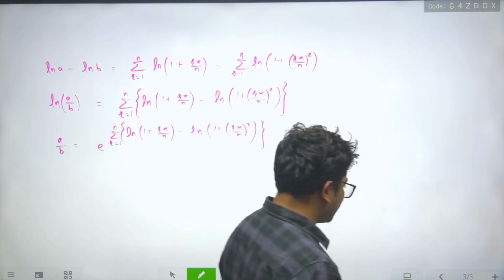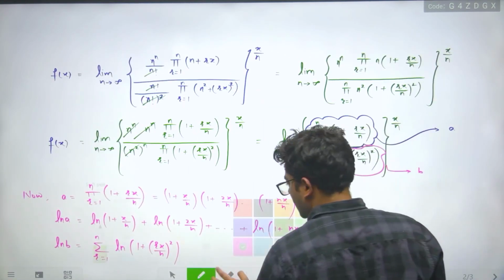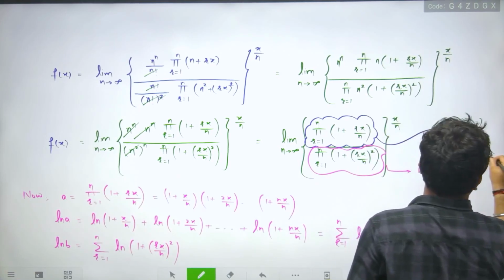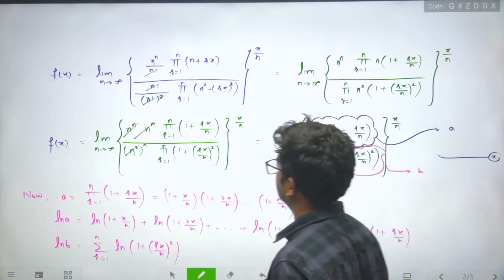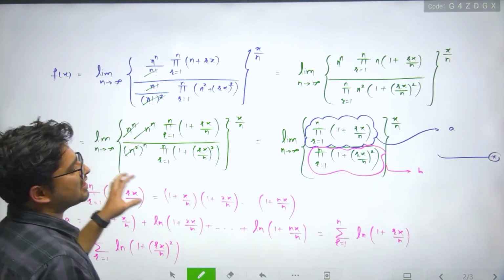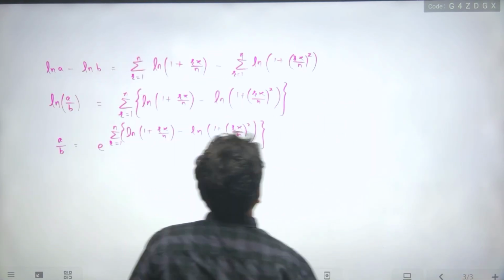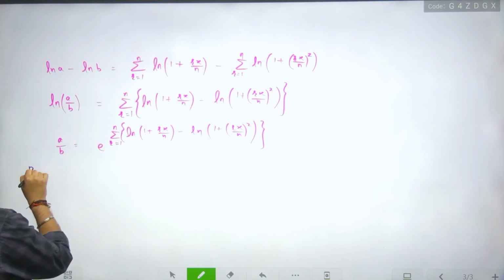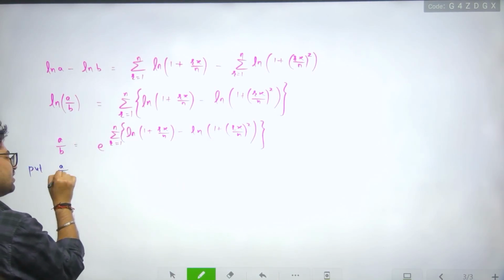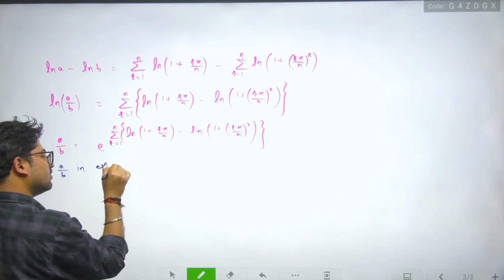Okay. Now put the value of A by B in your star. Star is where? Let's say that is your star equation. So fx is equal to what? fx is equal to limit n tends to infinity A by B. So put A by B in equation star.